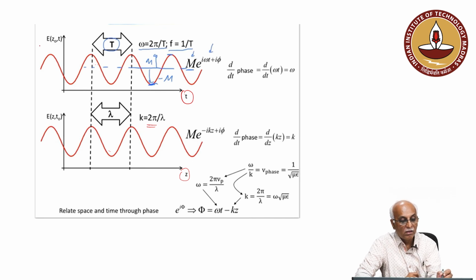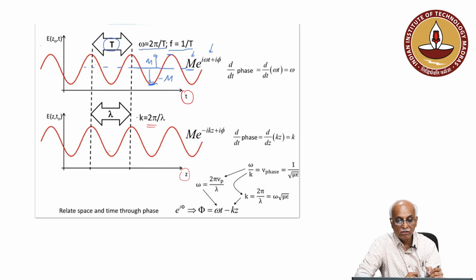In the top figure, frequency comes into the picture, considering the temporal variation with time, and in the bottom figure, wavelength comes into the picture, considering the spatial variation of the electrical field amplitude with distance z.